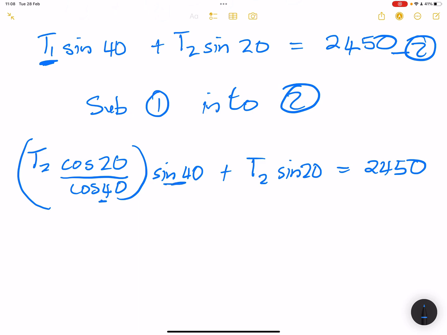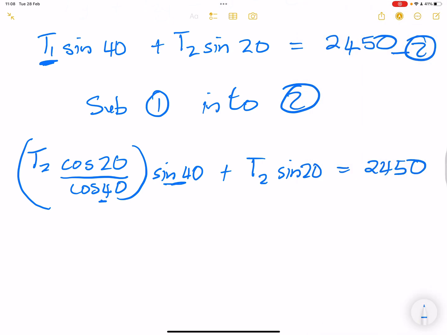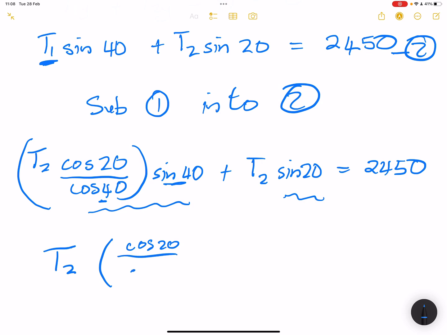Sine 40 over cos 40, that's tan 40. But what I'm going to do is this. If you look at this and that, both of them are terms that have T2 in them. So if we take T2 as the subject of the formula, let me make it simpler for myself, because sine of 40 over cos of 40 is tan 40.